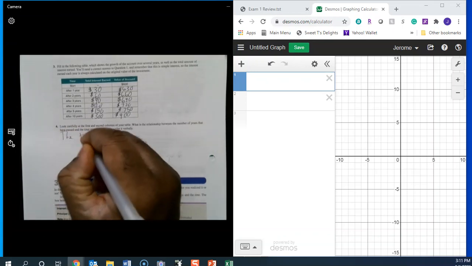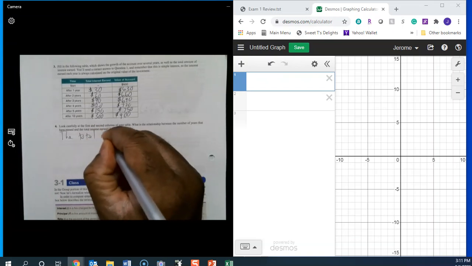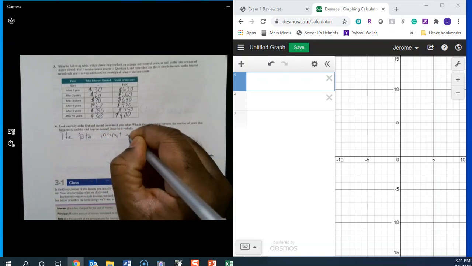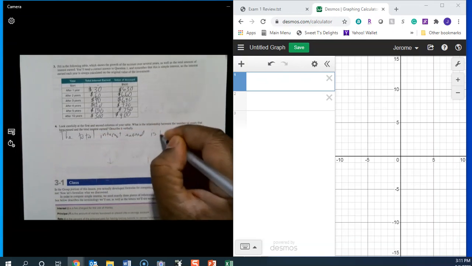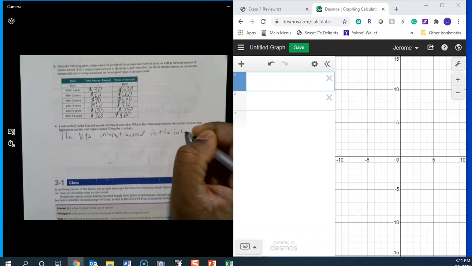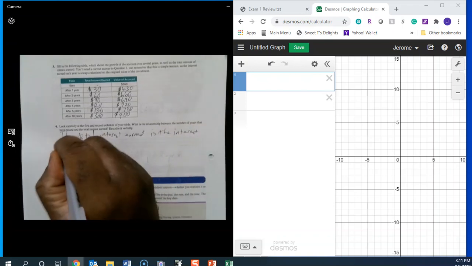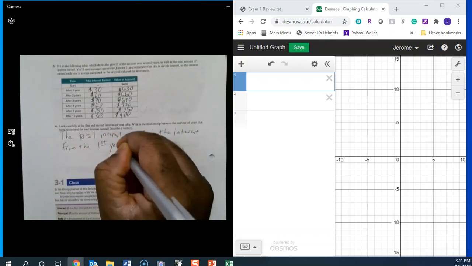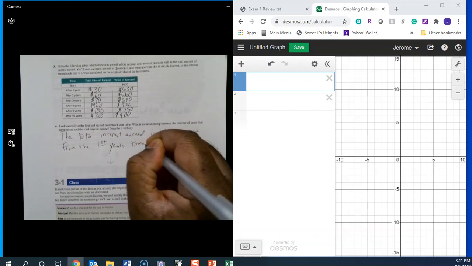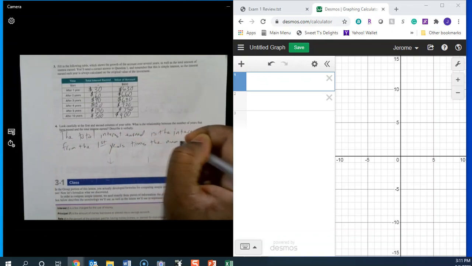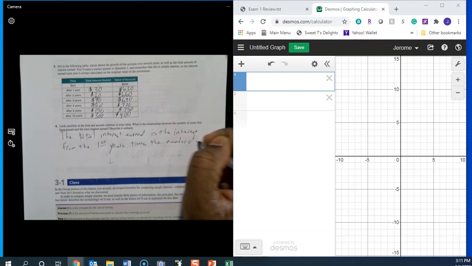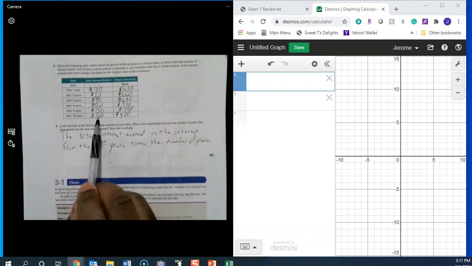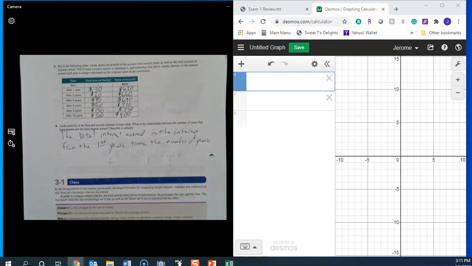The total interest earned is the interest from the first year times the number of years. But that's how I was able to get the 10th year. That gave us that it was 30 years.